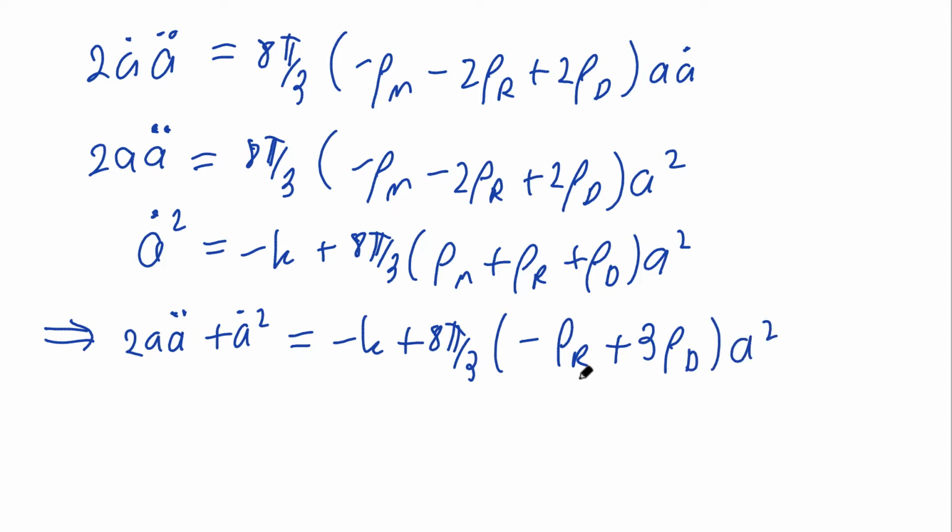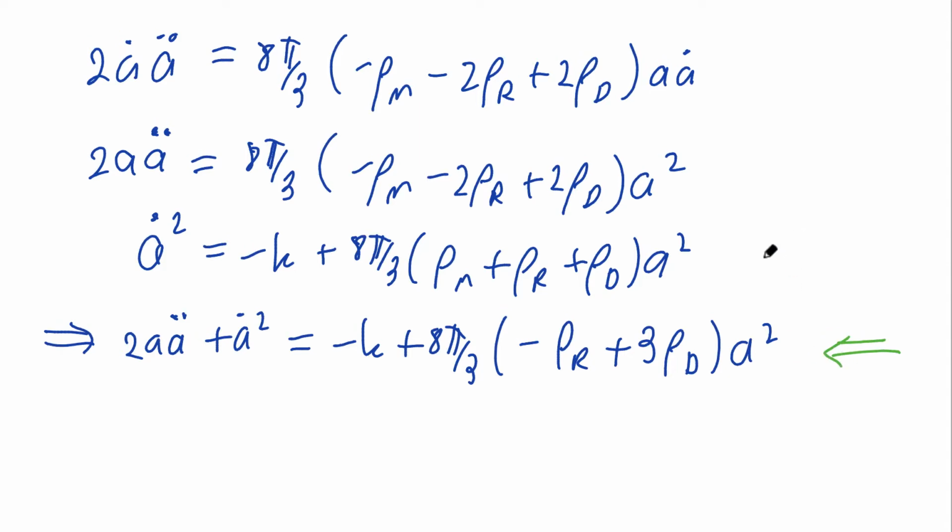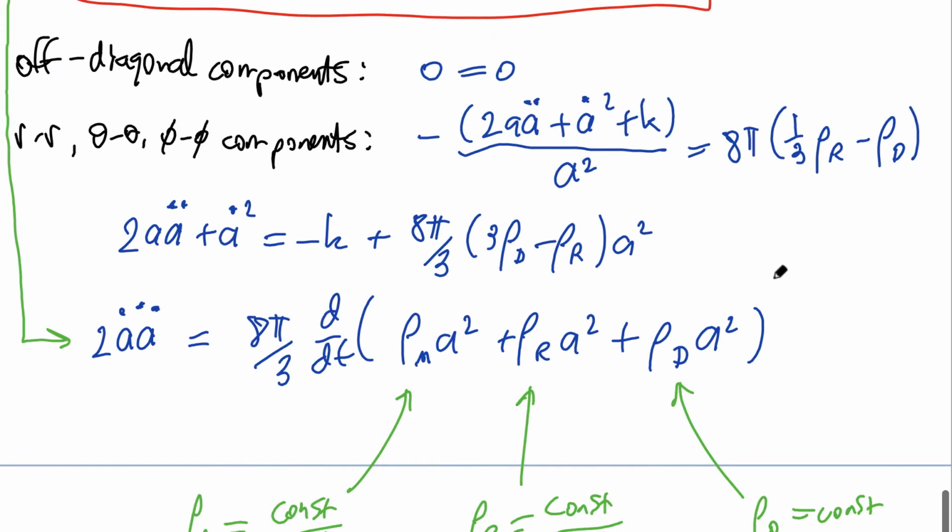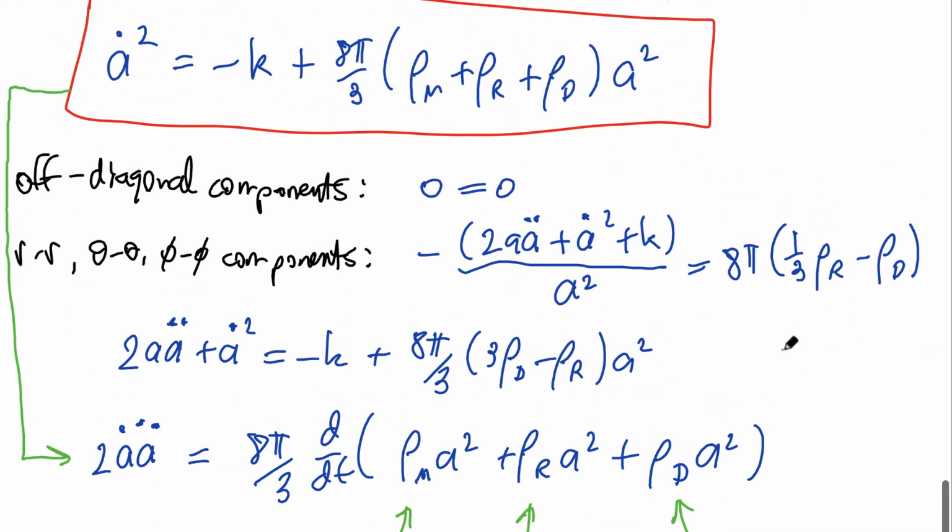Now if I haven't made any mistakes, this equation should be precisely this equation here, and it is. So I've shown that this equation can be used to derive this equation. So there's no new content here. The only independent component of the Einstein equations is this TT component, and this is referred to as the Friedmann equation.